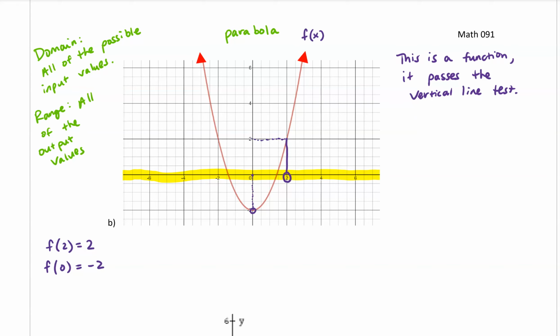And notice that you could really do that for any x value. And because these arrows are here, they're going forever in both directions. So really, our x values could be anything. We could plug in anything into this function.